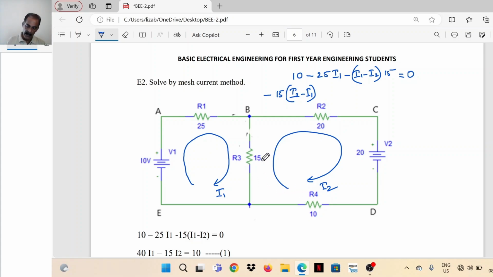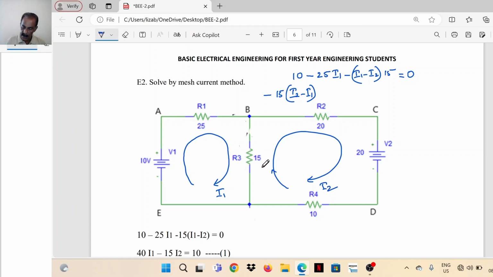So 15I2 has a negative sign because the IR drop produced by the current I2 has this polarity. It is a fall in potential in the case of the second loop, but for I1 it is a rise in potential. So 15I2 has a negative sign, whereas 15I1 has a positive sign.